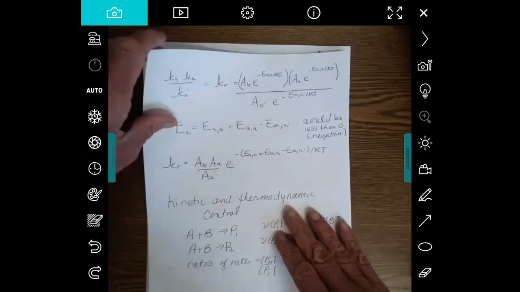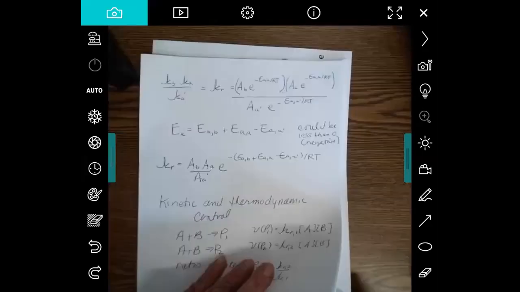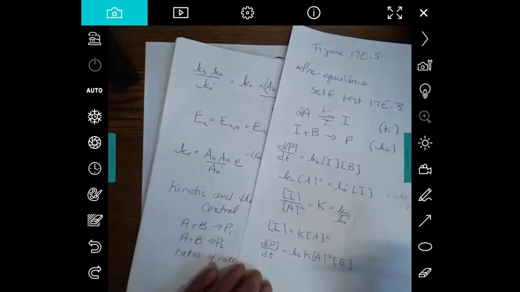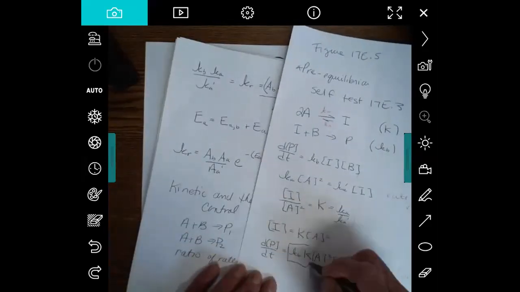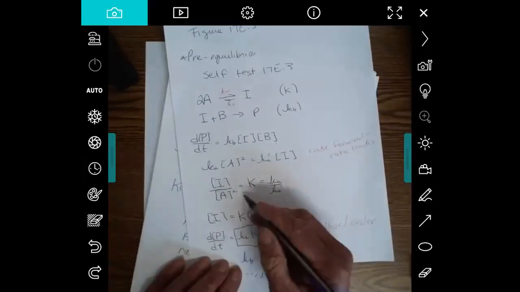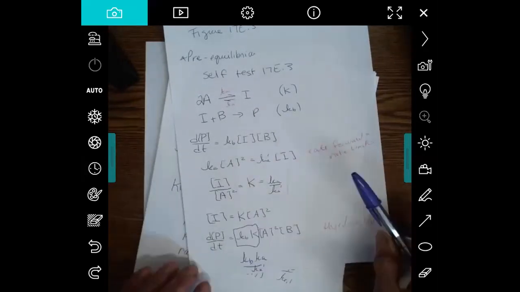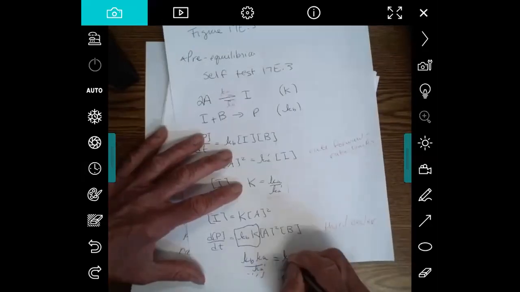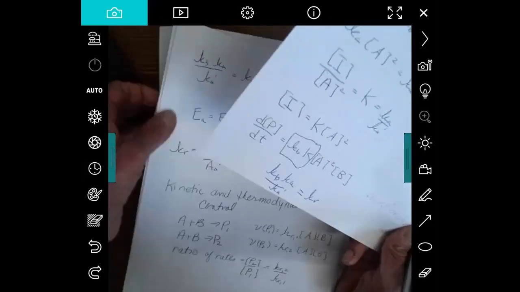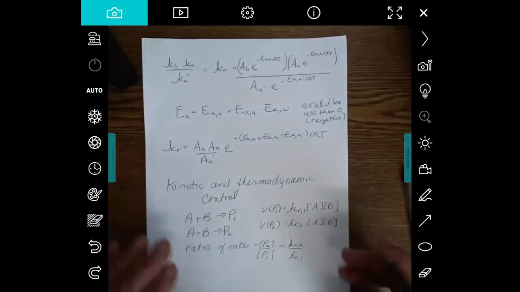So if we look back at the one I just did, this right here is technically kB, and then times K, which is kA over kA prime. So what you see for a rate constant for a reaction in the lab is actually a ratio of rate constants for individual steps in a mechanism.